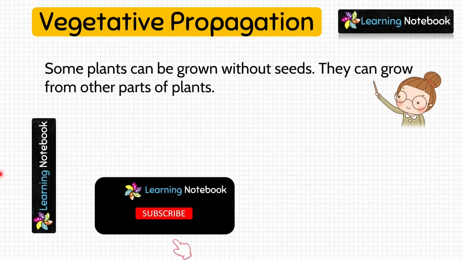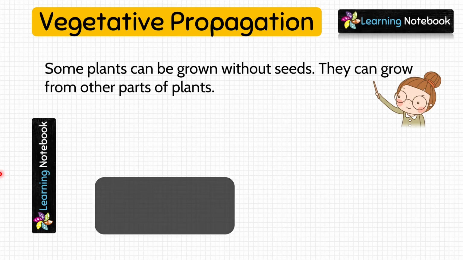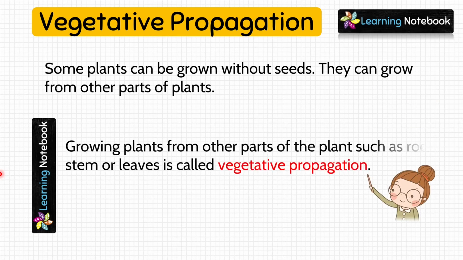Some plants can be grown without seeds. They can grow from other parts of plants. So growing plants from other parts of the plant such as root, stem or leaves is called as vegetative propagation.